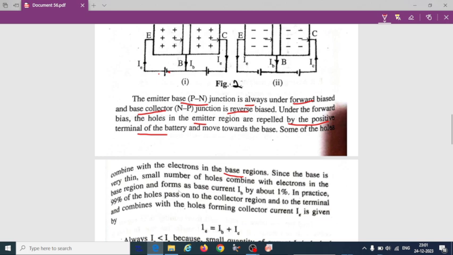Since the base is very thin, a small number of holes combine with electrons in the base region and form the base current IB. So in practice, 99% of the holes pass on to the collector region. They are collected at the collector region and combine with electrons at the terminal, forming the collector current IC.